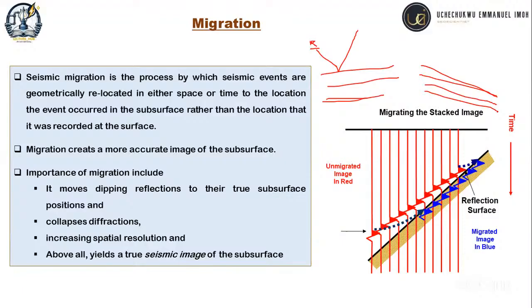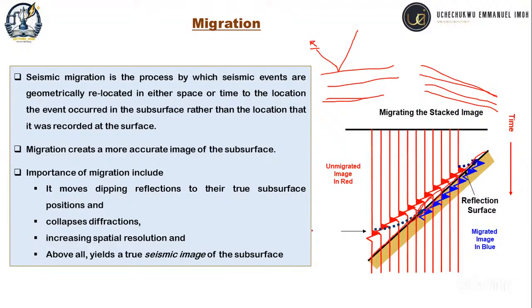And so during acquisition, the seismic wave will not image this dipping event appropriately in your gathers and your stacks. When you image the data, this dipping event will not be properly represented. So migration is a way of relocating the seismic wave, making it move all the dipping events to their true subsurface positions.